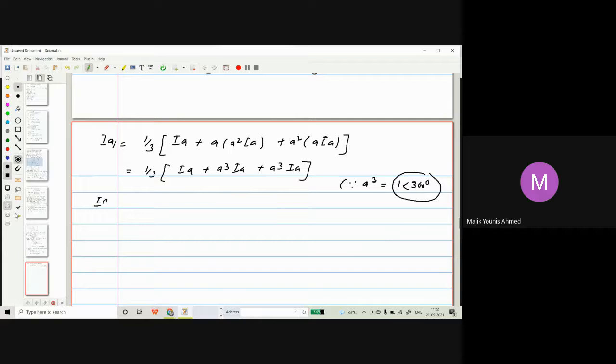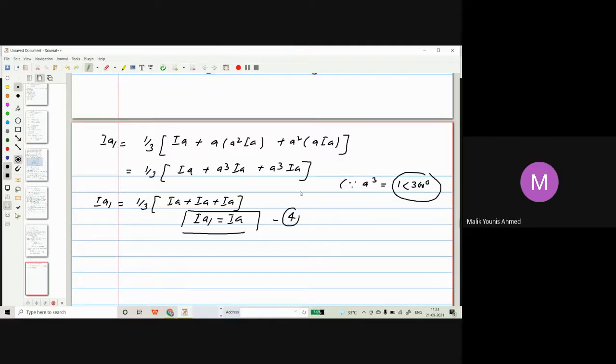So IA1 is 1 by 3 times IA plus IA plus IA, which means that IA1 will be equal to IA. This was a very important relationship. Let's call it 4.